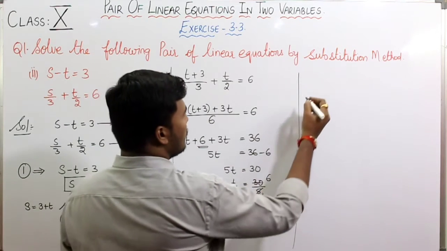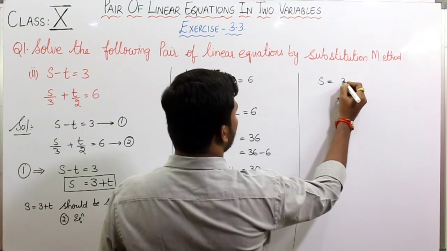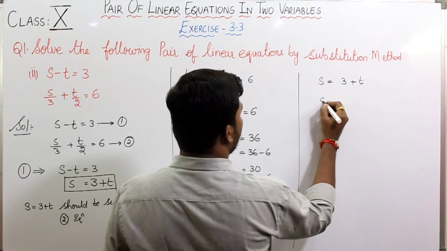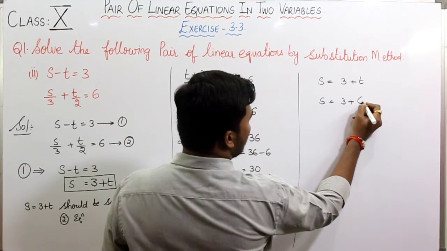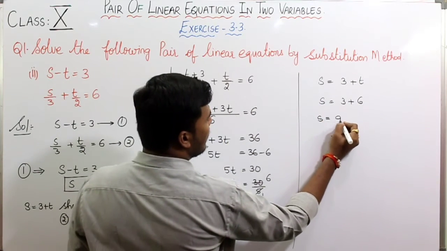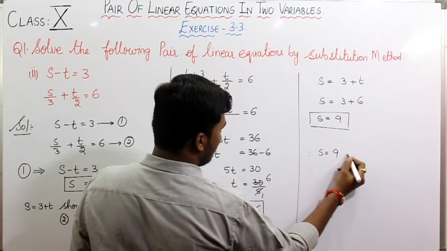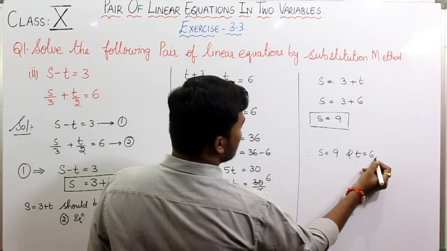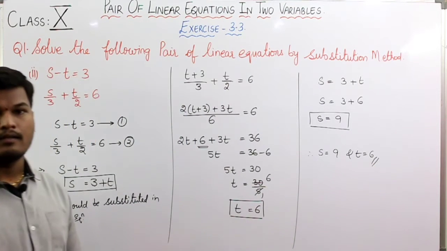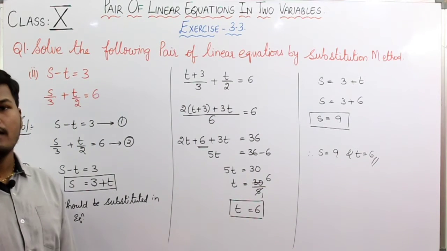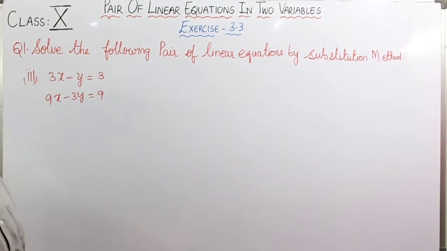Then we get s is equal to 3 plus t, s is equal to 3 plus 6, s is equal to 9. So we can conclude that the s value is 9 and the t value is 6. So this is the solution for this by using substitution method.